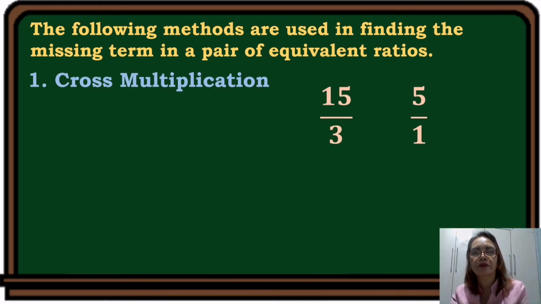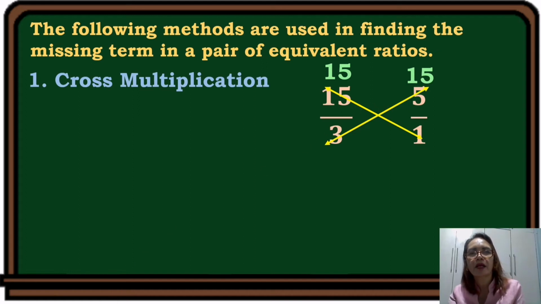So, 15 times 1 is 15, and we also cross multiply 5 and 3, and the product is 15. So look at their products, 15 and 15. Therefore, they have the same product, and that becomes equivalent fraction or equivalent ratio.